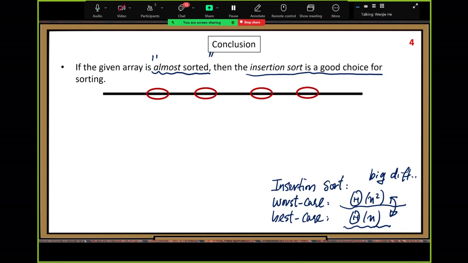Other than these red circle areas, the remaining elements are all in order. If your data has this property, then the best algorithm to get the whole array sorted is insertion sort.